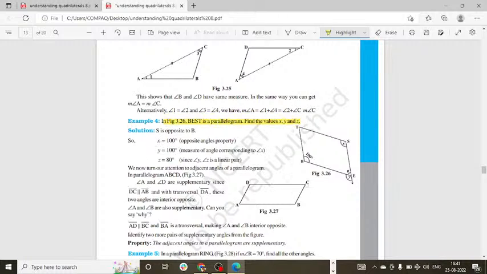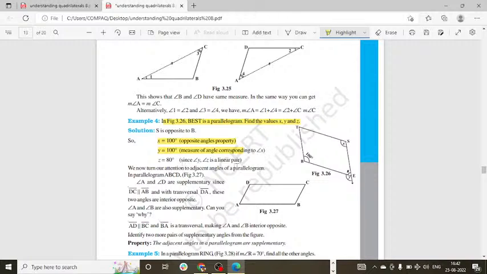Since we know here S is opposite to B, if the value of B is 100 then the value of S will also be 100, so the value of X is 100.